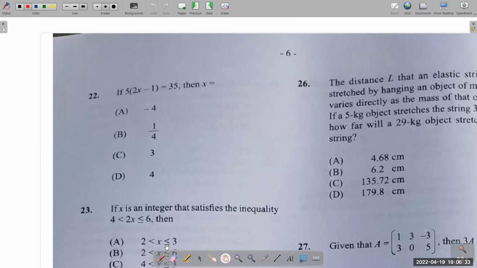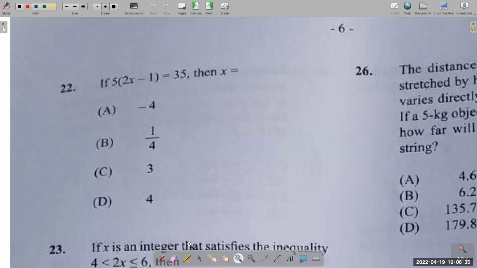Let's go, next one. Let me zoom in a little bit because I can't see. Okay, so we have another question with brackets. If they want the value for x, we need to solve, which means we need to transpose, but we can't transpose with brackets. So we get rid of the brackets first. That's 5 times 2x minus 5 times 1.